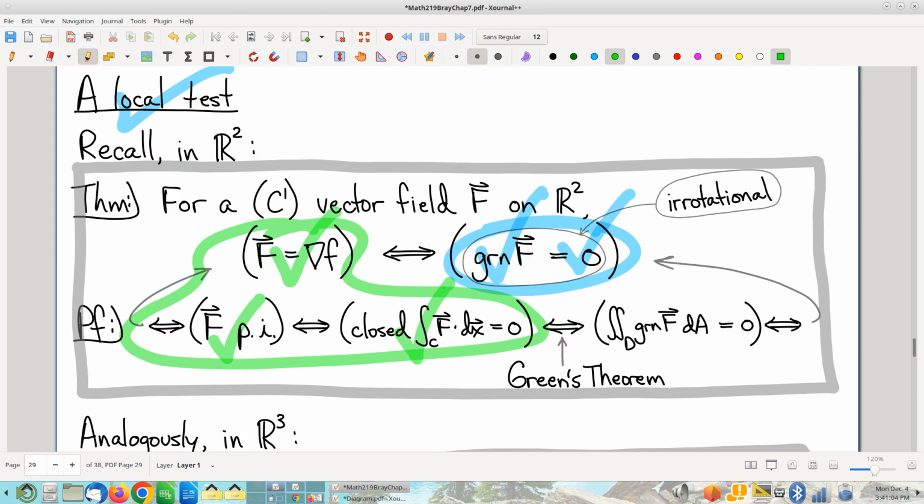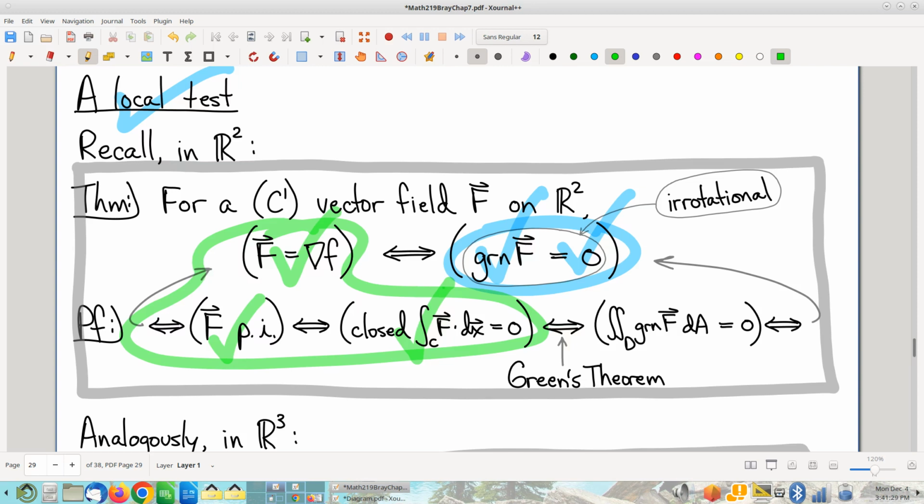Right? So nice feature, because given a vector field, at a glance, it's kind of hard to just look and see if it's the gradient of something, but it's pretty plug and chug to just crank out Green's operator. It's very algorithmic. Just plug into the formula and then see if you get 0. If you do, good.